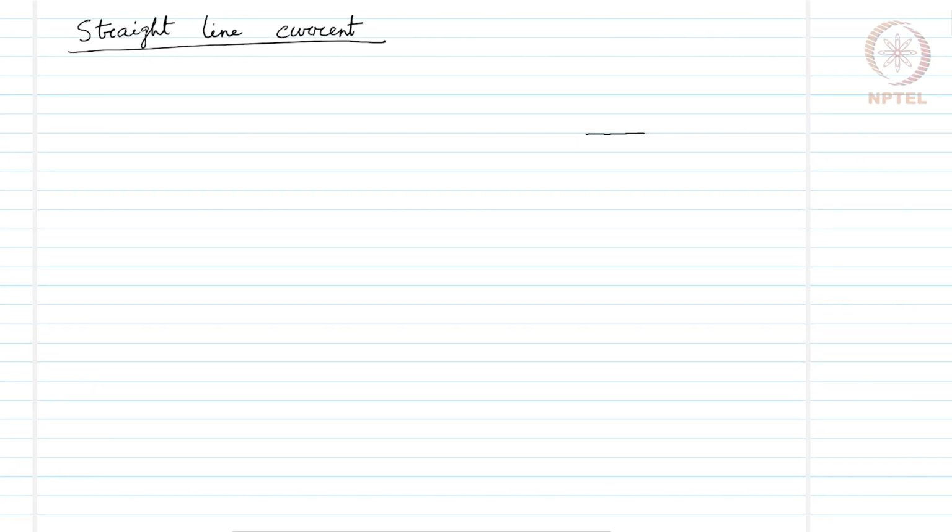Now let us consider a straight line current. On a straight line, we have seen the situation, we have already worked out the example where we have considered a very long wire, and at a distance s from this wire we have found out the magnetic field.